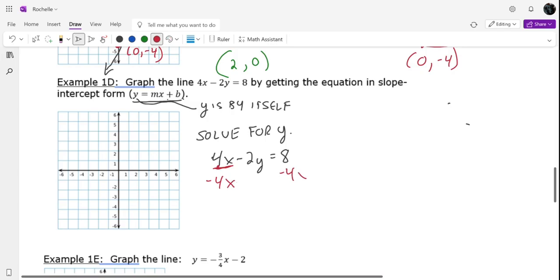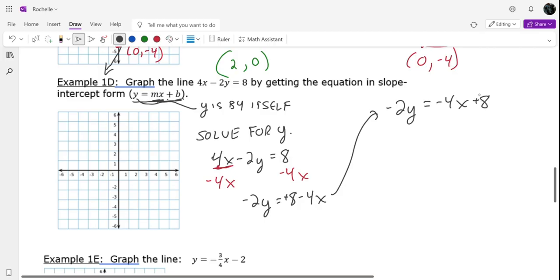4x on both sides. Now that would leave me with negative 2y equals 8 minus 4x. But again, I wanted mx plus b. So I'm actually going to take that and reorder the right side. So I'm going to write that as negative 4x. Since there's no sign in front of the 8, we assume it's positive, plus 8.